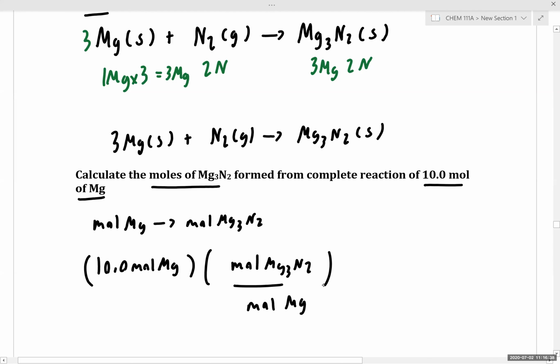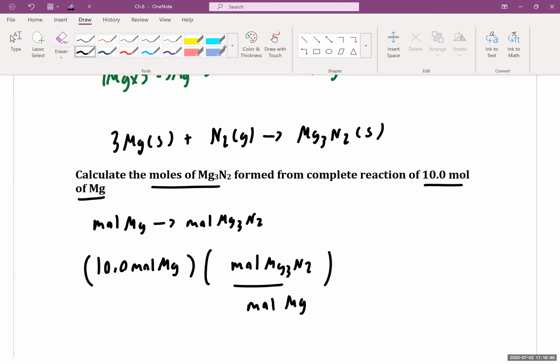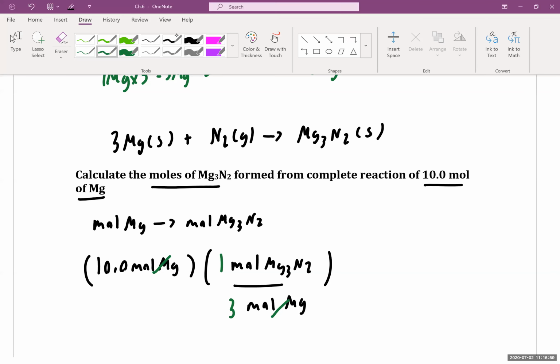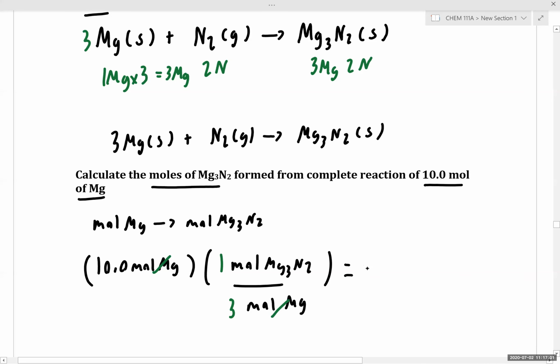What's our mole to mole ratio? One to 3, exactly right. Okay, so punching that into our calculator, that gives us 3.33 moles of magnesium nitride.